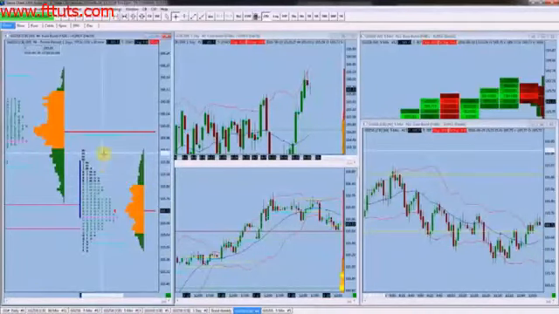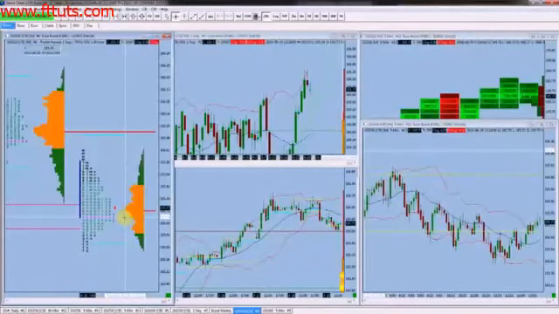The range of the day is obviously signified by the highs here and by the lows here. Most of the time, the highest TPO count is the one that juts out. So the highest amount of TPO, time price opportunity, I've highlighted mine as pink so that it stands out to me a little bit clearer.